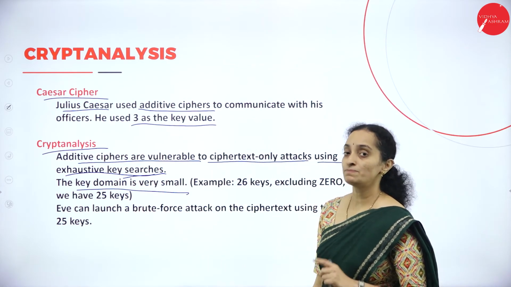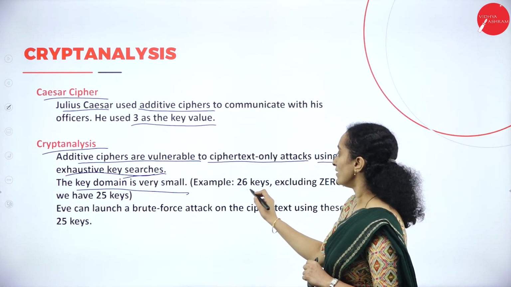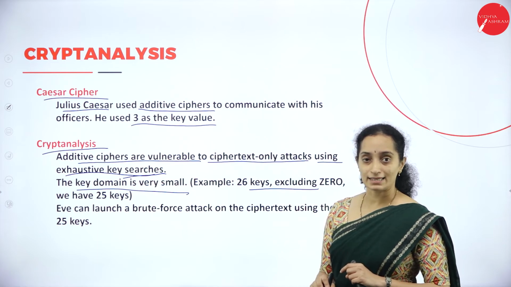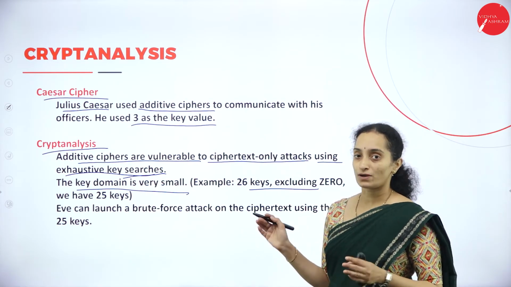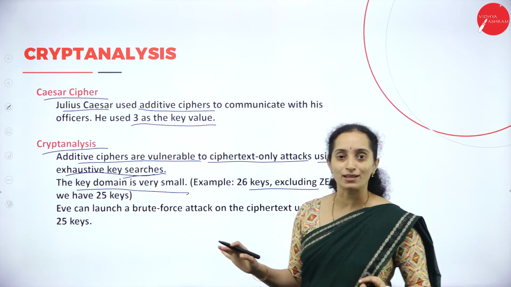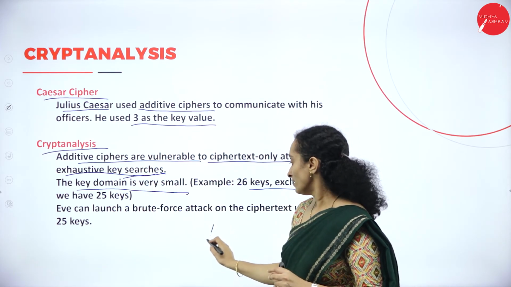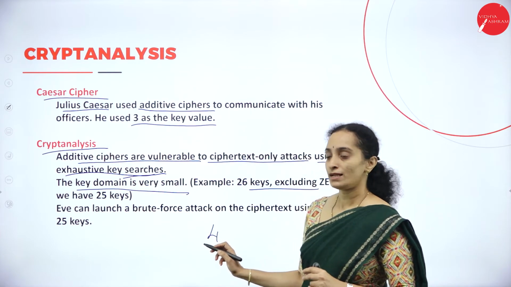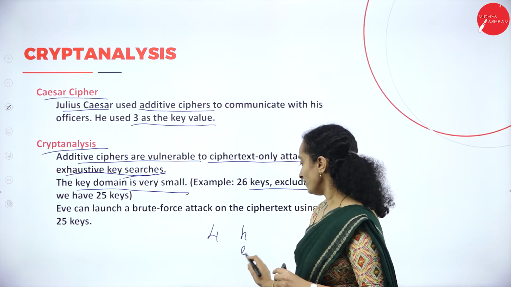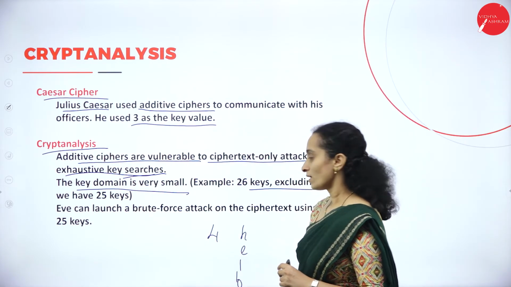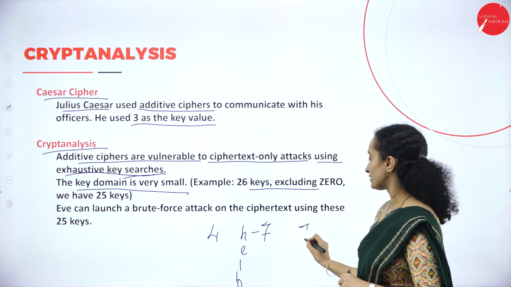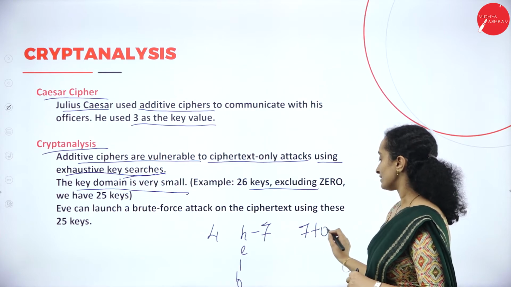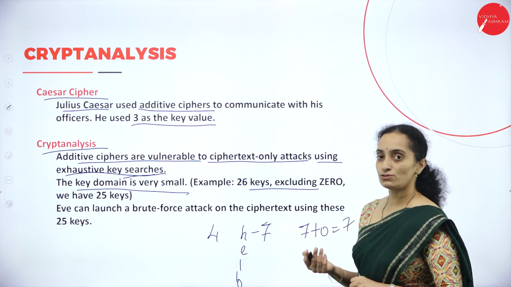Why? Because the key domain is very small. We have only 26 keys, that means 0 to 25. You cannot include 0 because it doesn't change any value. Say if it is hello, H is 7. If you use 0 as the key, 7 plus 0 will give you 7 only.